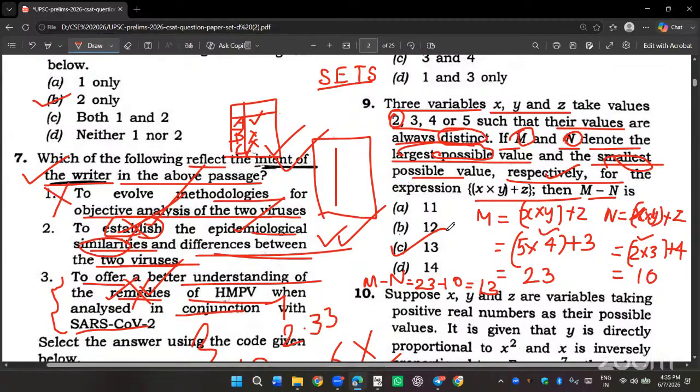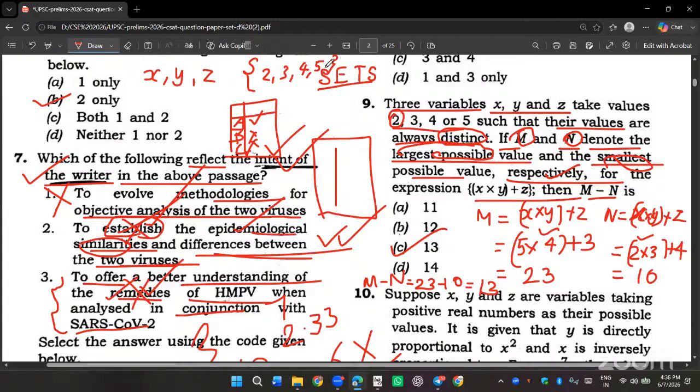What we do generally when we use sets, I say I am going to give the values for x, y, z. The values for x, y, z should be from this set: 2, 3, 4, 5.